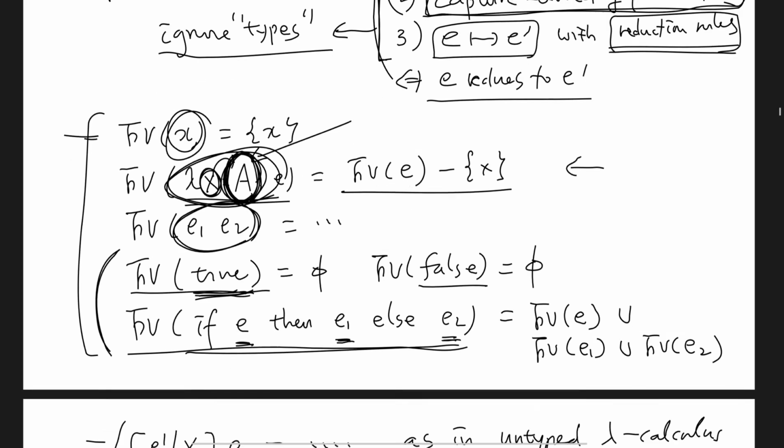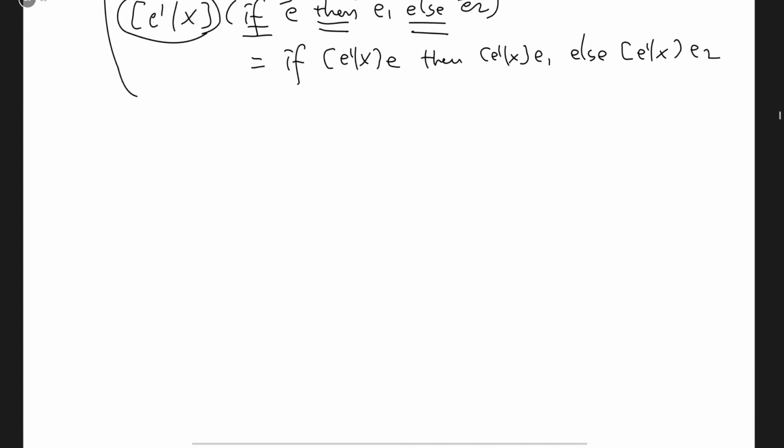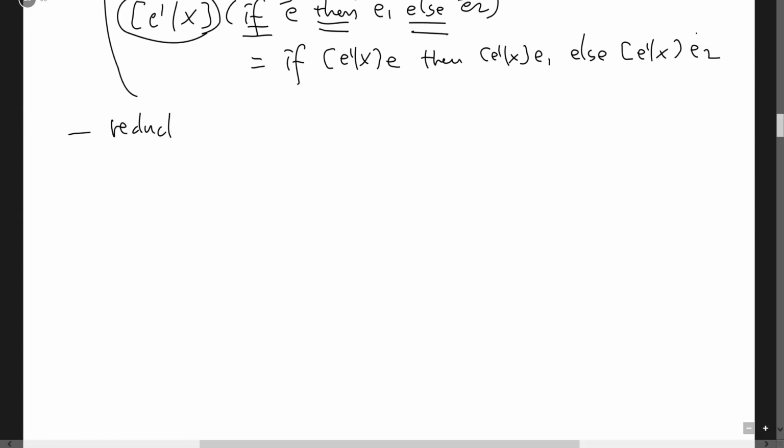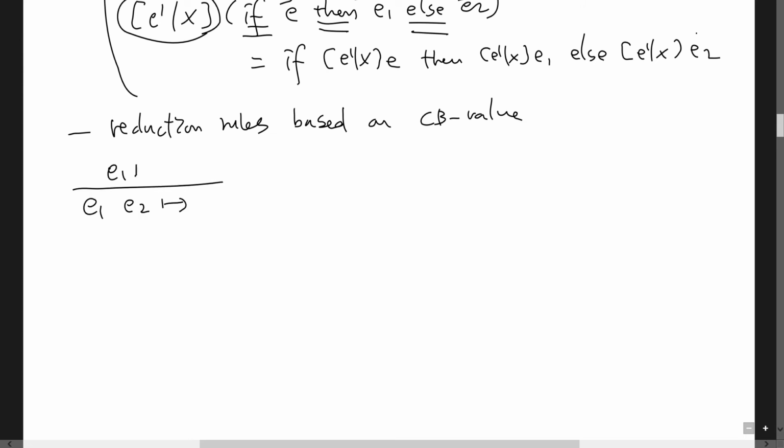So for example, let's quickly write the reduction rules based on call by value. The first rule: if E1 reduces to E1 prime, then the whole expression reduces to E1 prime E2. And if everything goes okay, you'd have a lambda abstraction. But notice that here we now have this type annotation, unlike in untyped lambda calculus.